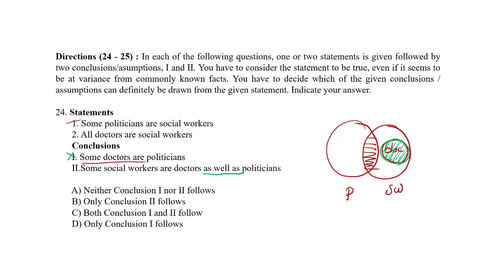That is wrong. As well as politicians means this some portion of doctors must be politicians. That is wrong. So second conclusion also wrong. But suppose in the second conclusion, some social workers are doctors or some social workers are politicians, then that will be the correct answer. So, answer is neither conclusion 1 nor 2 follows.